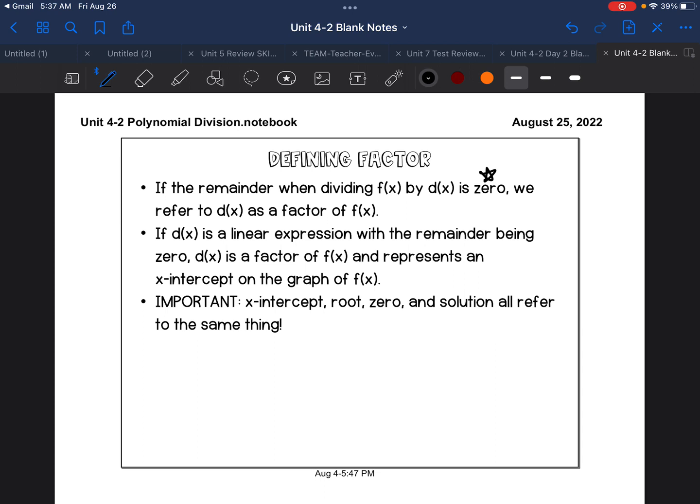If d of x is a linear expression, and remember, a linear expression is like x plus 4 or 2x minus 1, you can see that x is our only variable, okay? And we can have various coefficients, various constants, but that's what a linear expression is, so don't forget that.